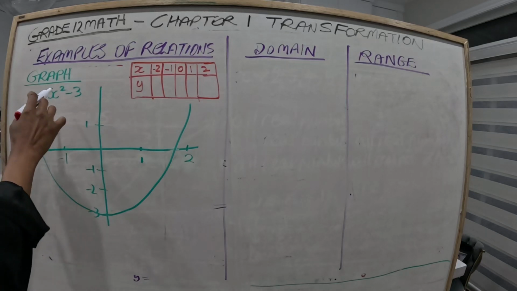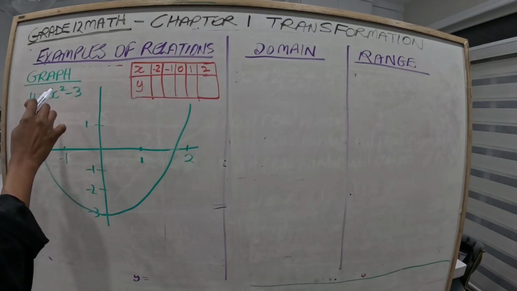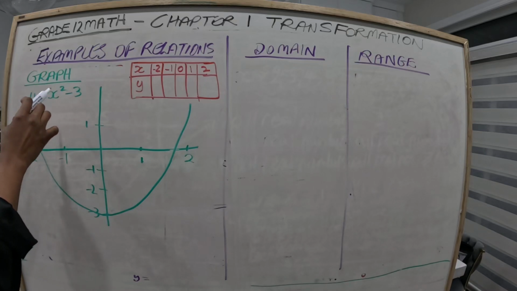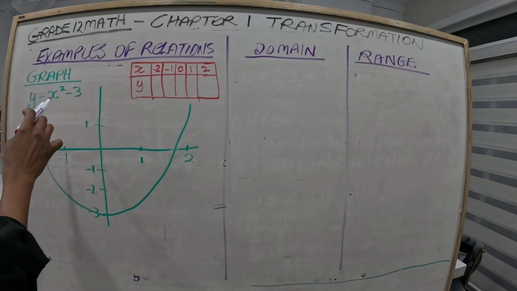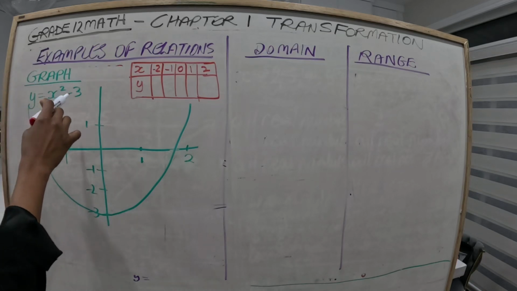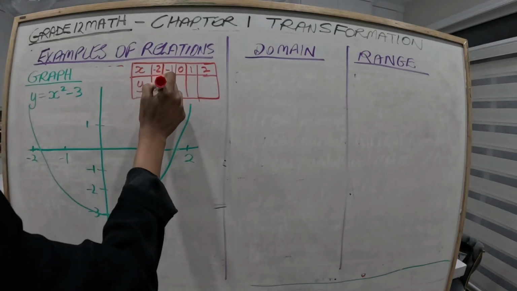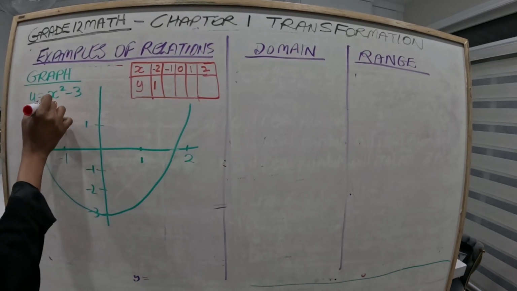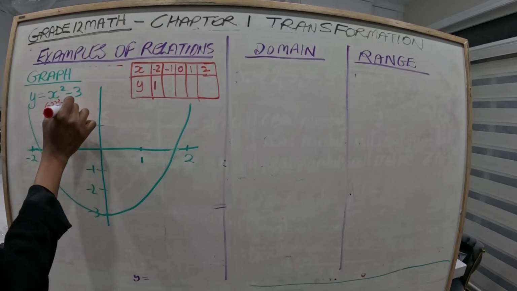So if x is -2, then -2 times -2 is +4. And if you take 4 minus 3, it's going to be 1. Okay? So basically what I did was 2 squared minus 3.